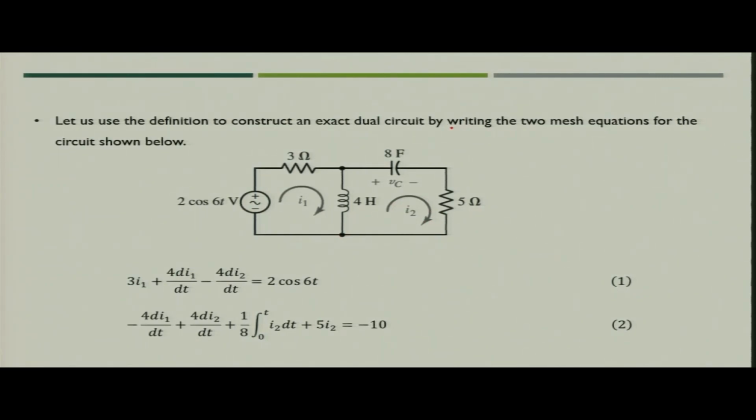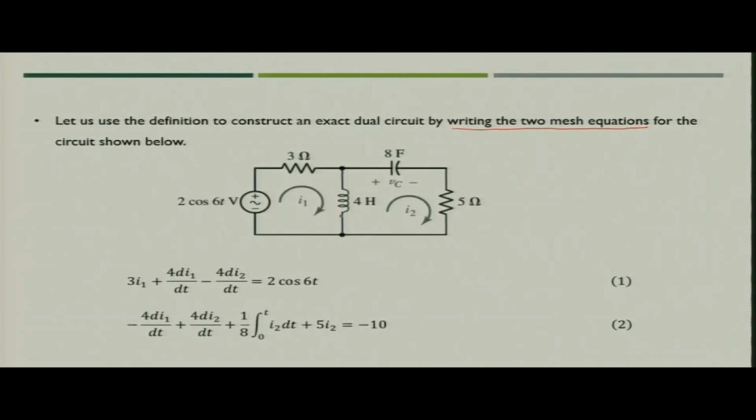What we can do is first write two mesh equations. We define mesh currents I1 and I2 in this case. How can we write the mesh equation? The current I1 is flowing through the 3 ohm resistance, so we will write 3 I1.